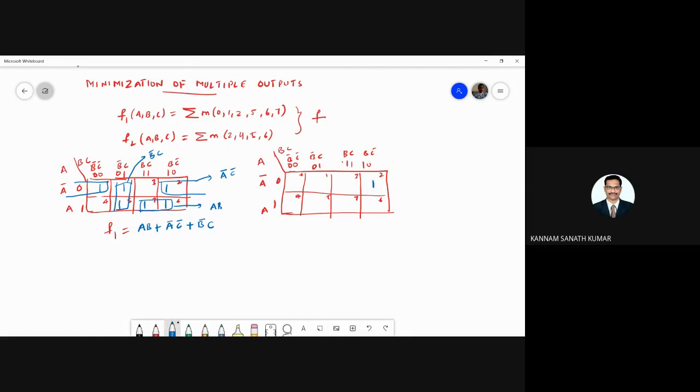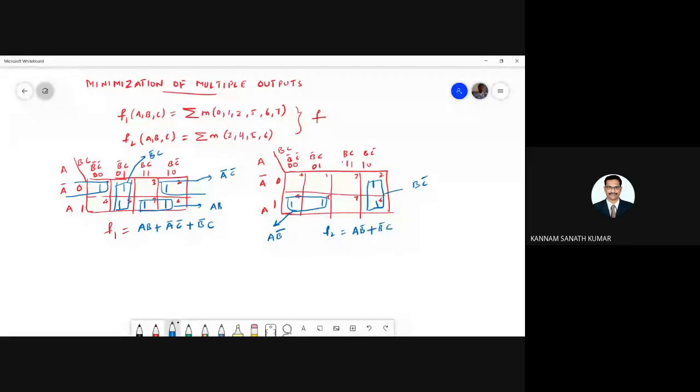So 2, 4, 5, 6. This makes one pair, and this makes one pair. For this one, this is A, and A which is common with B bar, AB bar, and this pair is BC bar. So F2 equals AB bar plus BC bar.